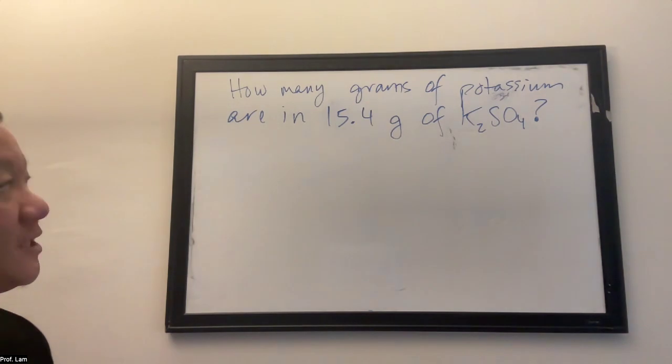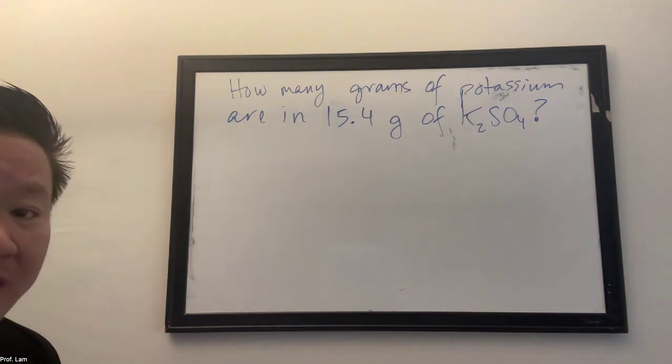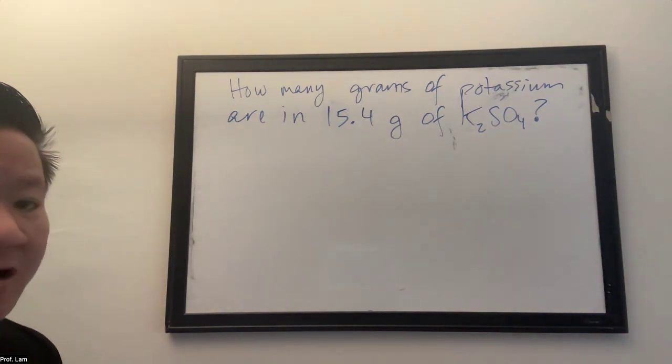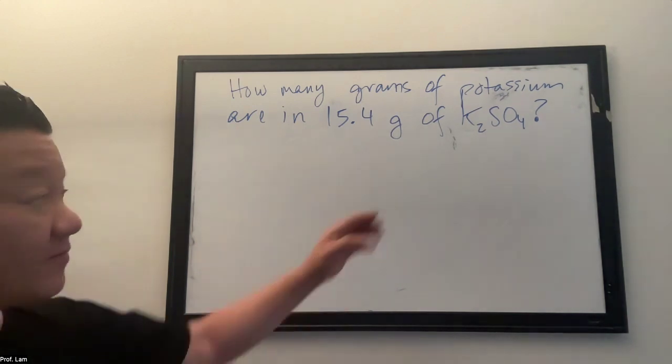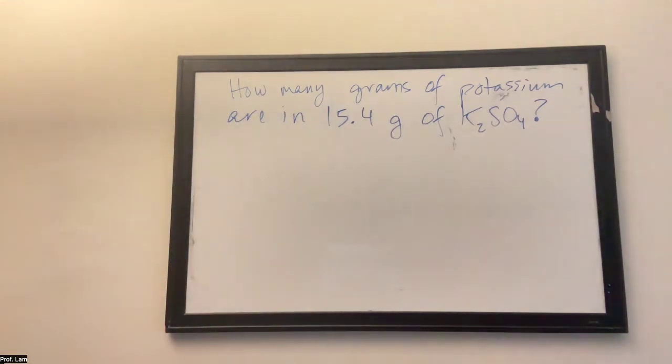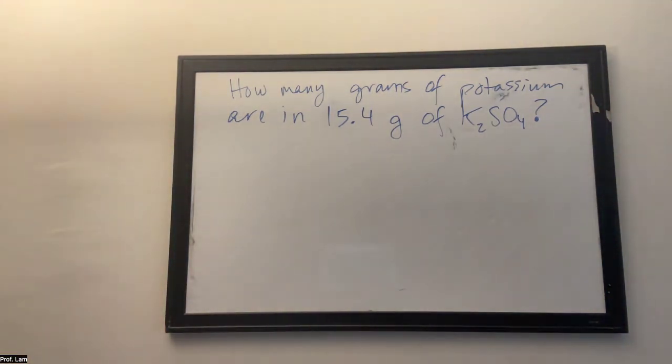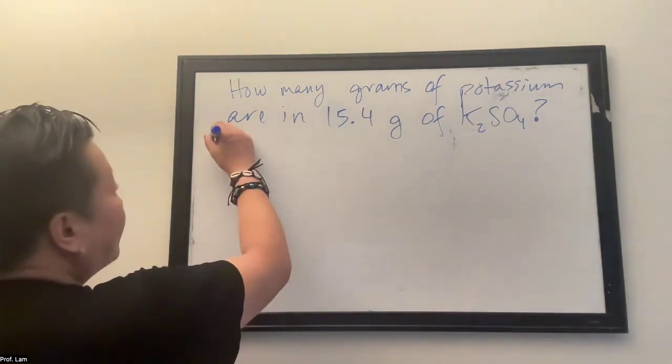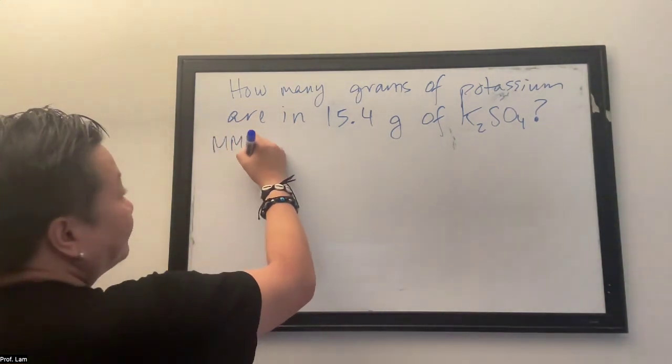All right. So now this question asks, how many grams of potassium are in 15.4 grams of potassium sulfate, K2SO4? So of course you're gonna need the molar mass of K2SO4 first. So let's calculate that.